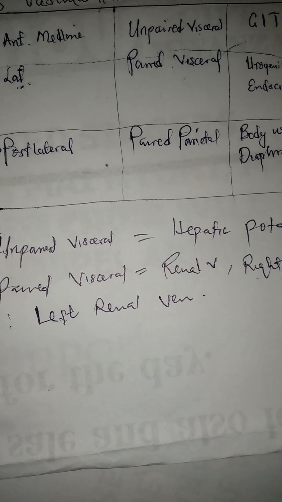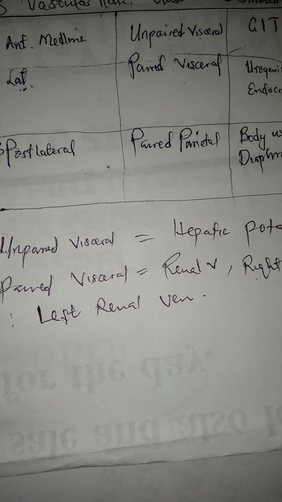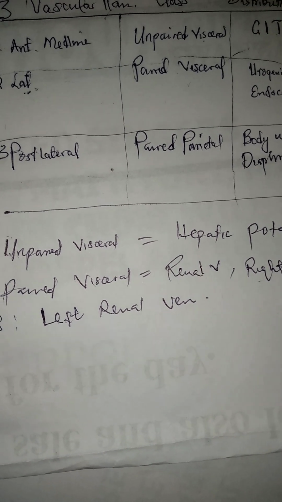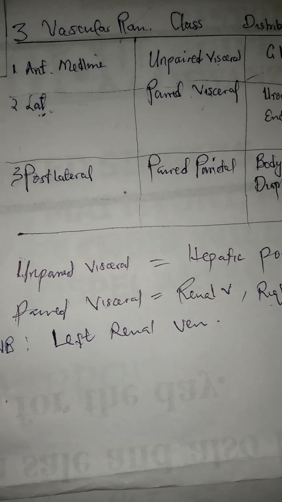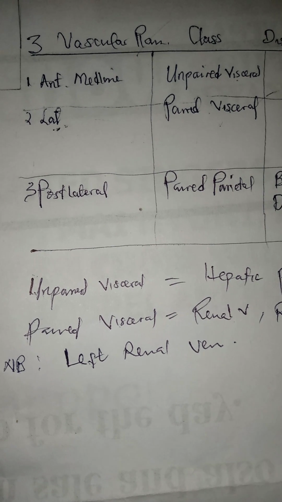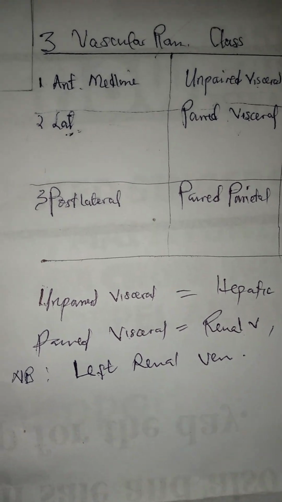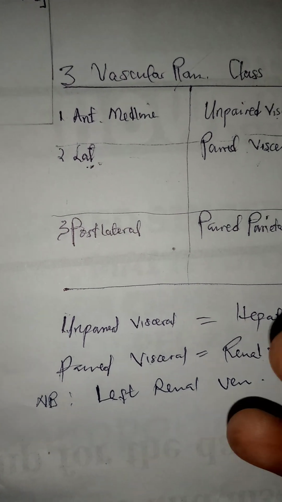Apart from that, the ascending lumbar and azygos veins can connect the inferior vena cava and the superior vena cava, either directly or indirectly. Okay, so that's how you summarize your work when you are dealing with the blood supply of the abdomen.